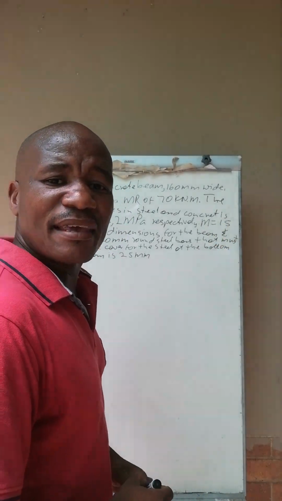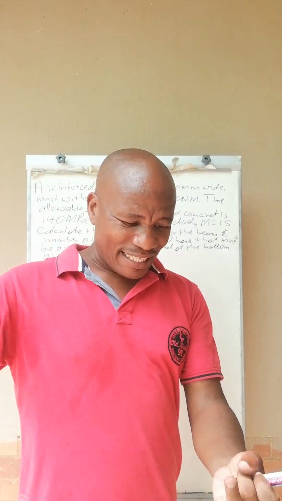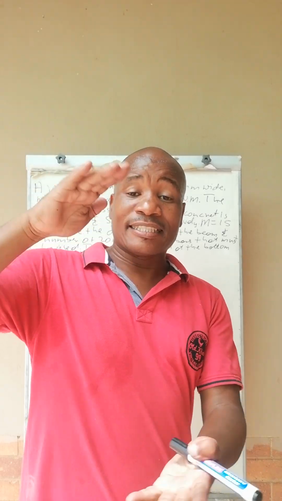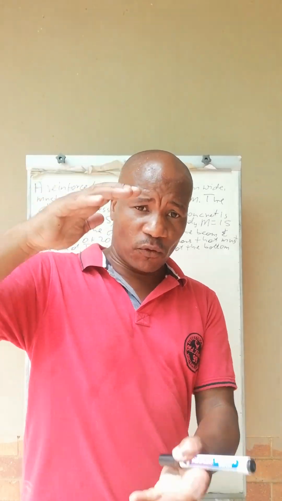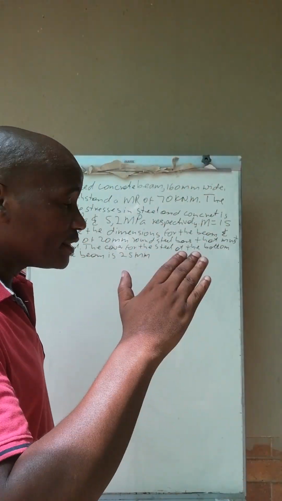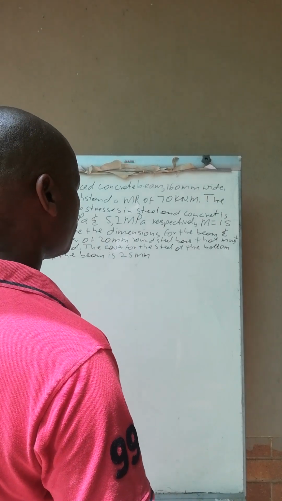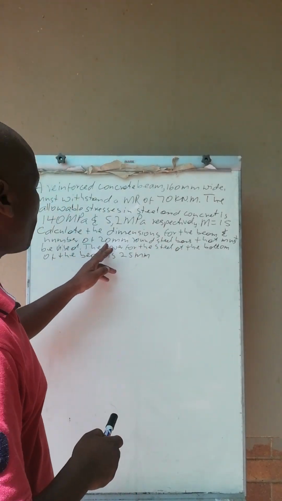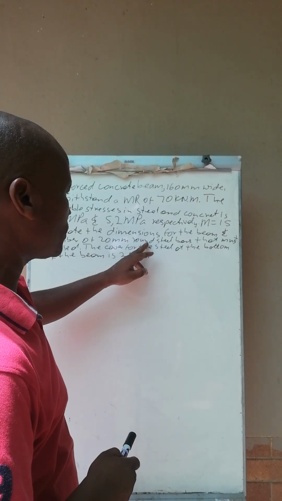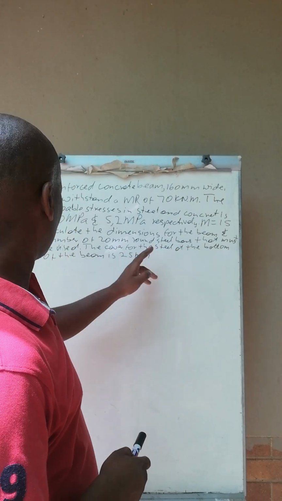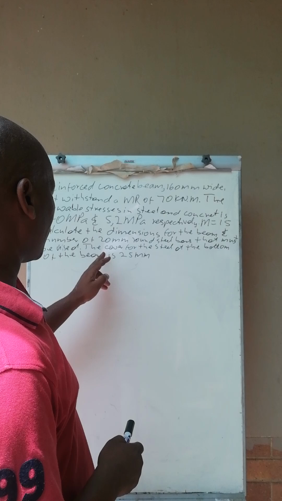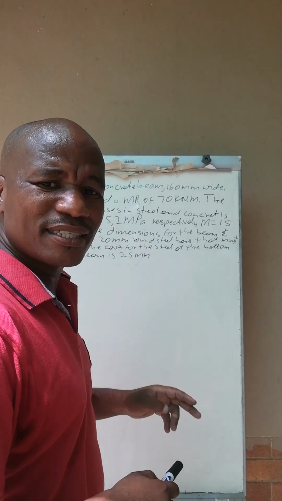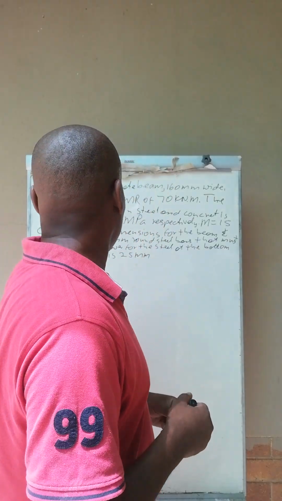Calculate the dimensions d, n, big D, and la, the distance between the two forces, all those being dimensions for the beam, and the number of 20 millimeter round steel bars that must be used. The cover for the steel at the bottom of the beam is 25 millimeters.